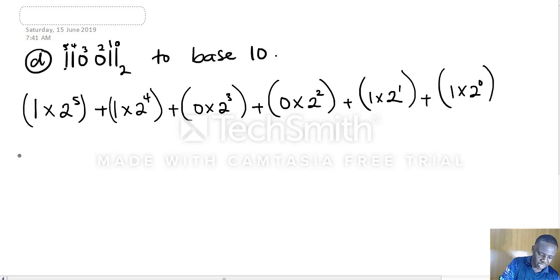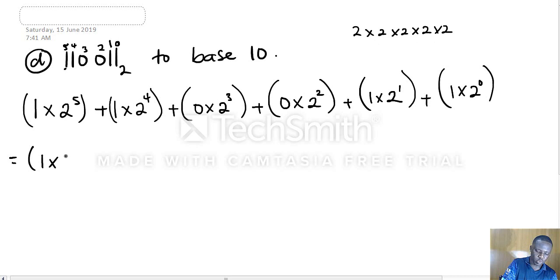So when you simplify this, 1 times 2 raised to the power 5 can be said to be 2 times 2 times 2 times 2 times 2. That is 2 multiplying itself in 5 places.